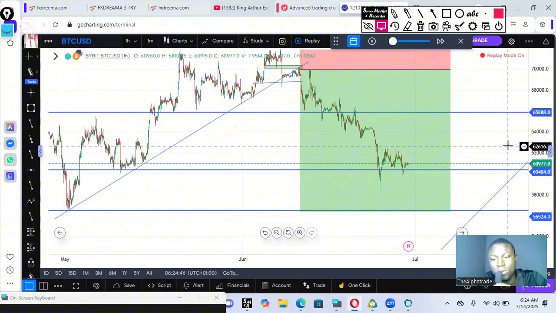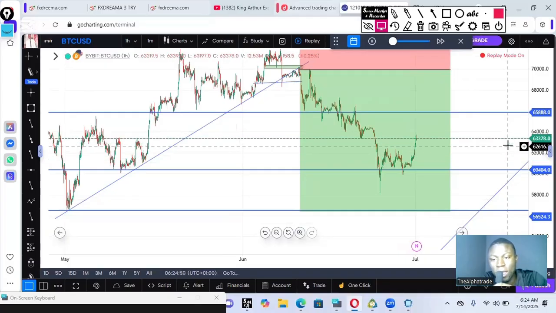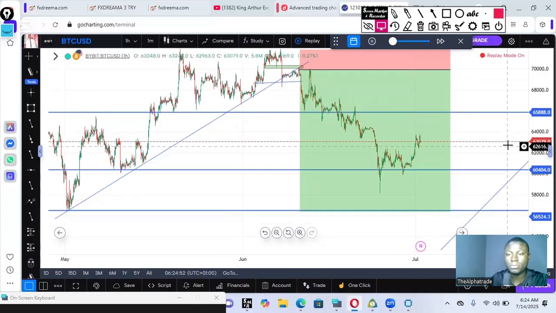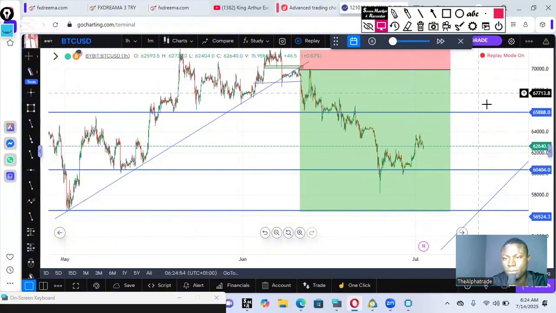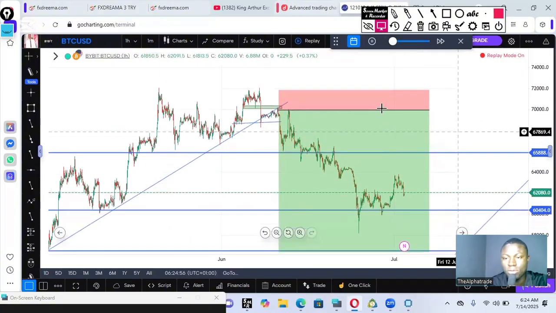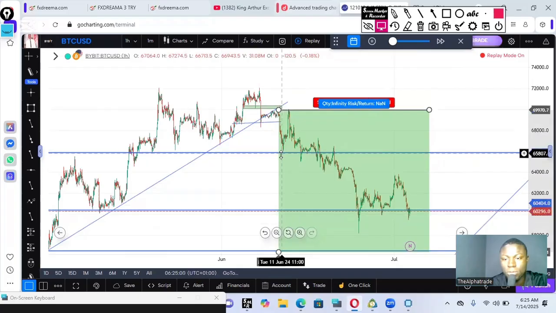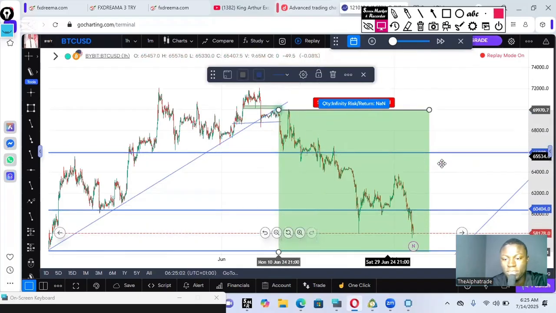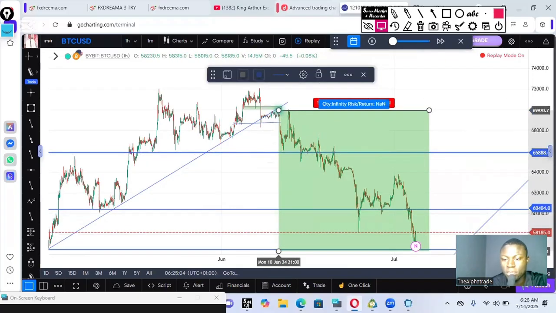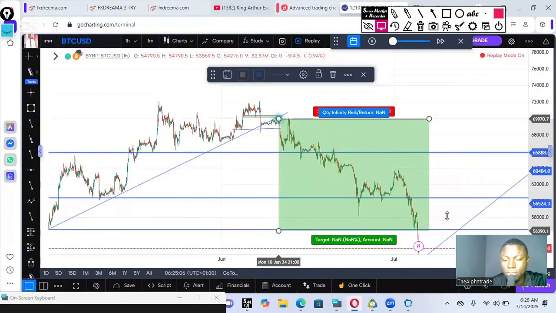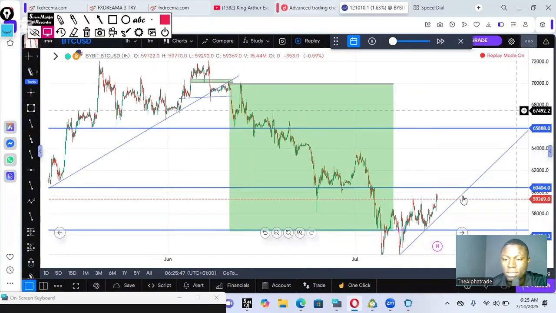So you're protecting your capital, making sure that you are saving and bagging some profits, right? So your SL now comes to your entry point. This is your first take profit, and let's see, boom, last take profit smashed.